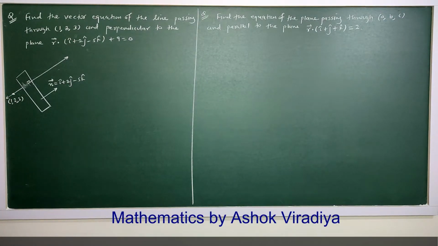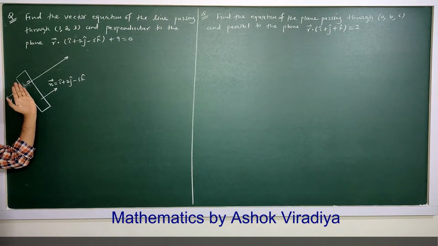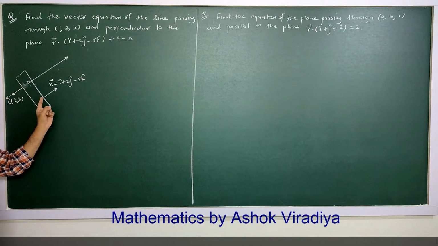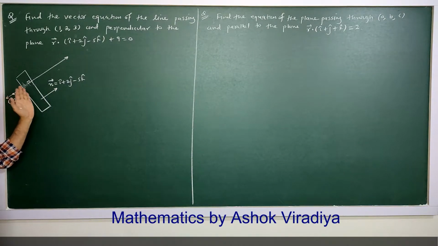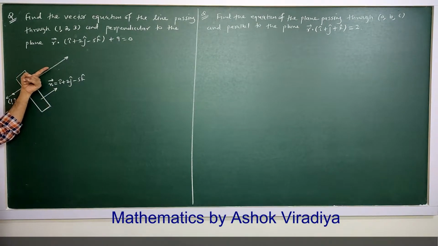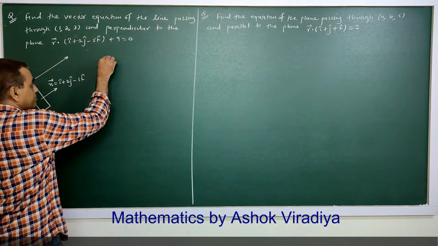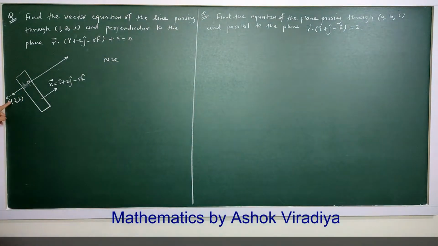Now see this diagram. Because the line is perpendicular to the plane, this vector n, which is a normal to this plane, is giving the direction of this line. So the line is parallel to this vector. So here, the position vector of this point we take.